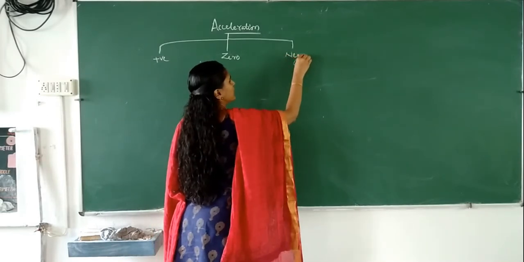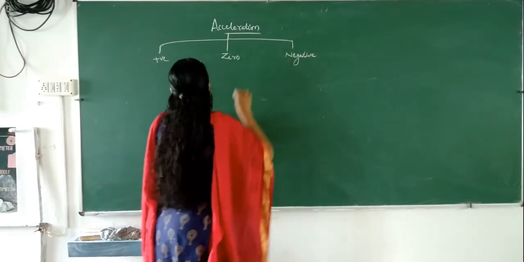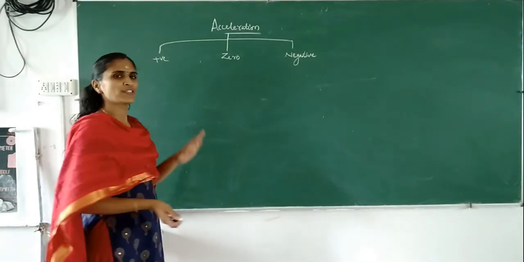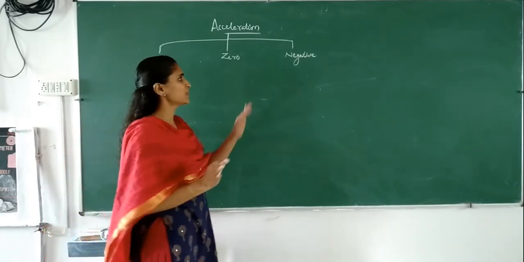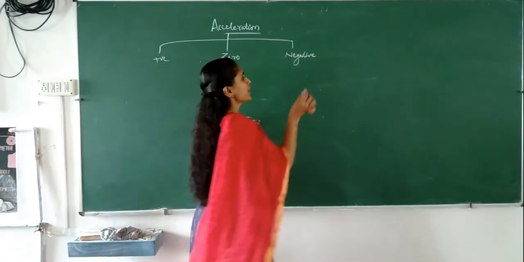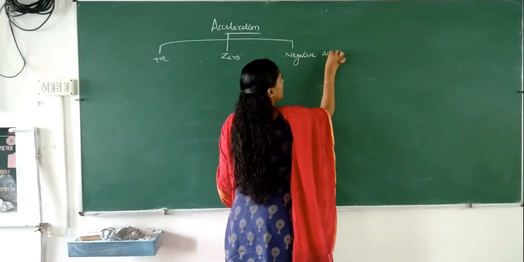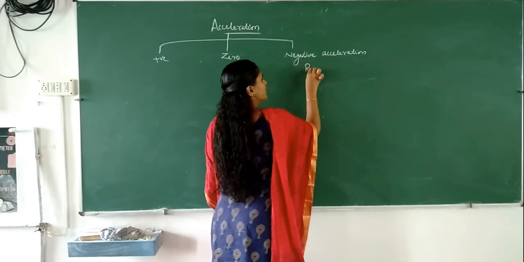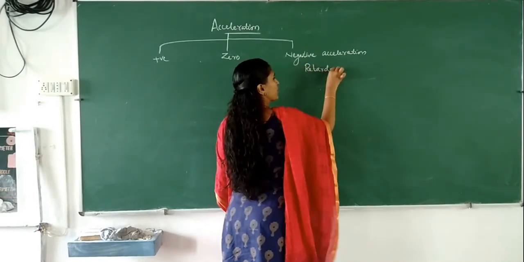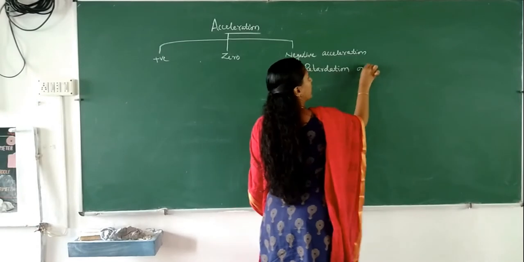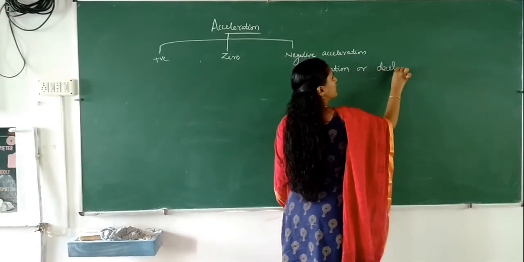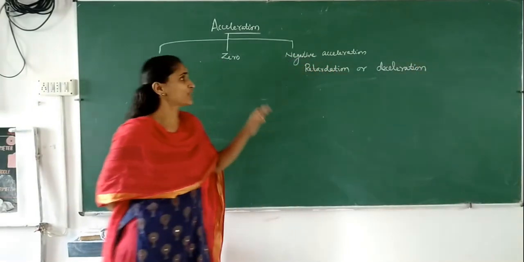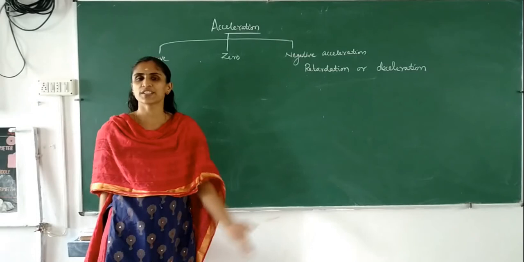Positive acceleration, zero acceleration, and negative acceleration. Positive acceleration, we are telling acceleration only, no other term. But for negative acceleration, we are using the word retardation or deceleration. Negative acceleration is known as retardation or deceleration, and zero acceleration means acceleration is zero.